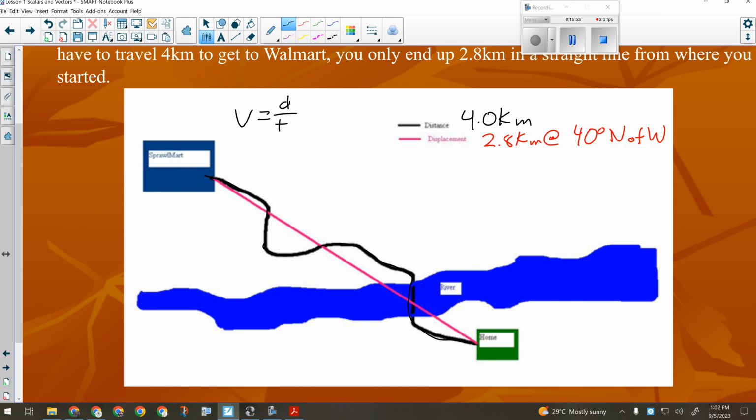Distance over t. I know the distance I traveled was 4 kilometers. I know the time it took me was 0.5 hours. 4 divided by 0.5 is 8 kilometers per hour. Okay, what's my velocity?